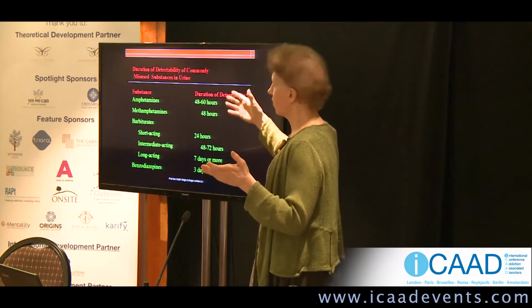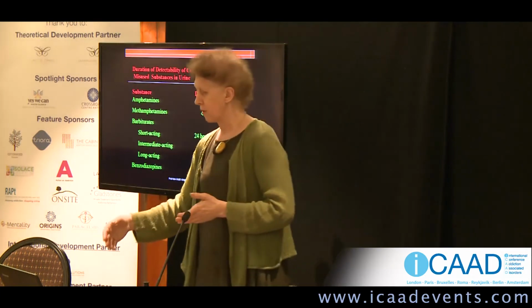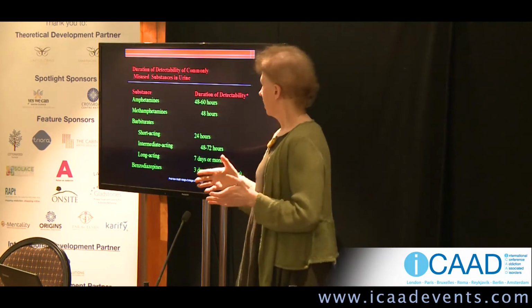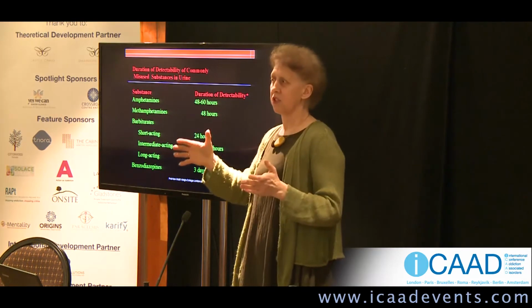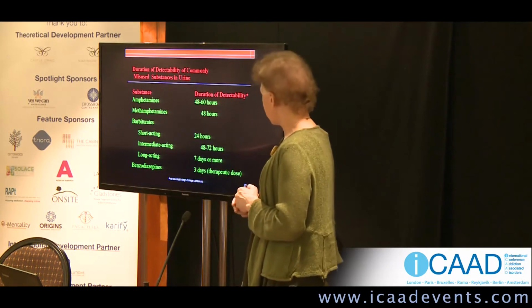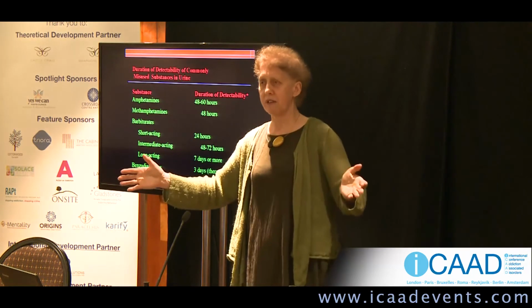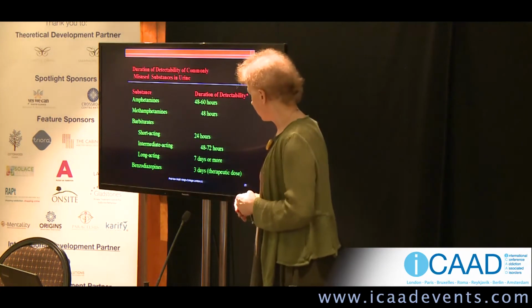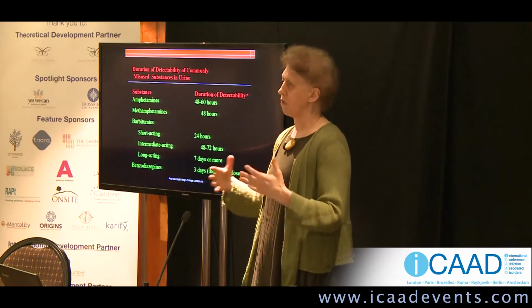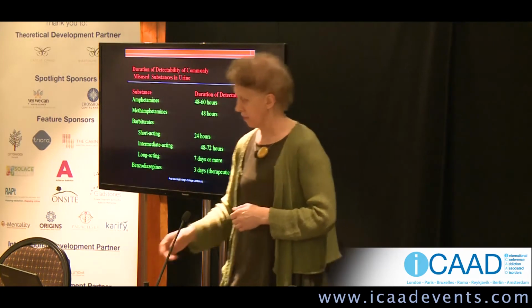But if they take one dose of any of these substances, then this is how long you'd expect to be able to detect the presence of this substance in urine. So important to point out, it's varied, so it depends on the substance. Benzodiazepines are very long acting in most cases. So diazepam, for instance, will be around in the system for a very long time.